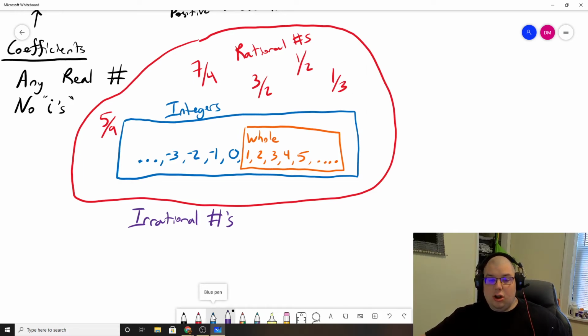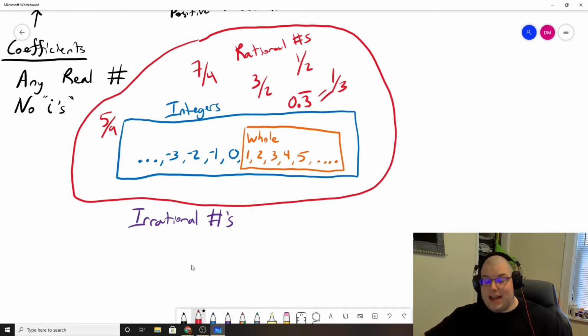These are numbers that, when turned into a decimal, are non-repeating, non-ending decimals, where rational numbers, as a decimal, are repeating. For instance, 0.3 repeating is 1/3. That's an example of a repeating decimal.